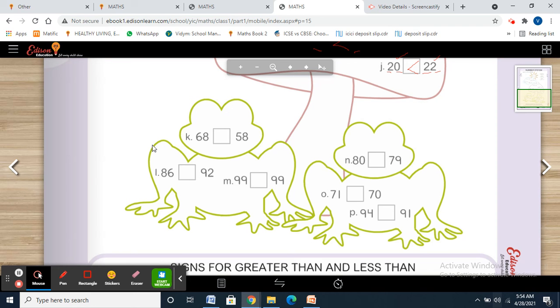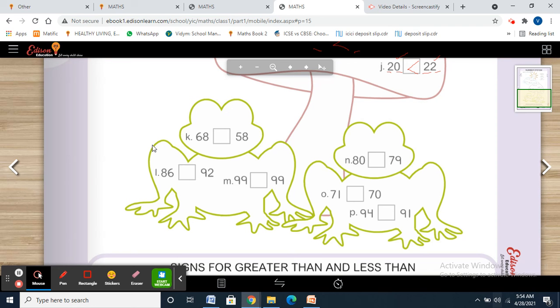But when we are talking about hundreds and thousands, then we check the place values of the number. If the place value of 1000 is already bigger than the place value of another number, then the greater sign will come towards the greater number. Getting this point?